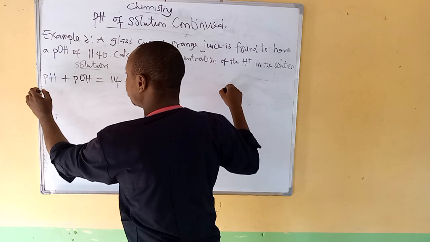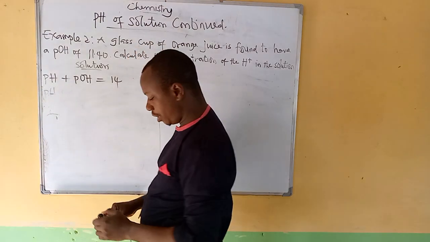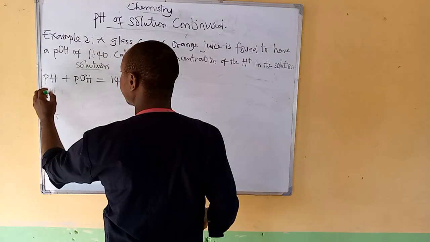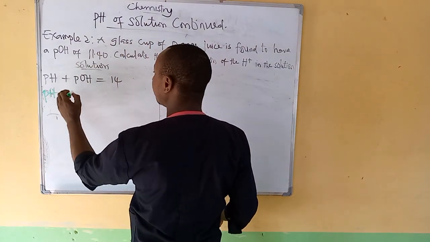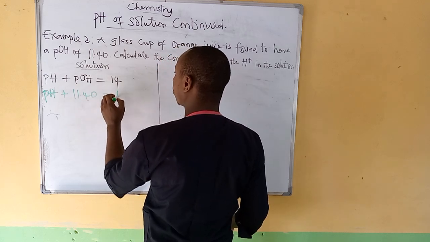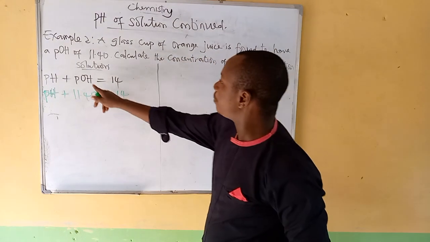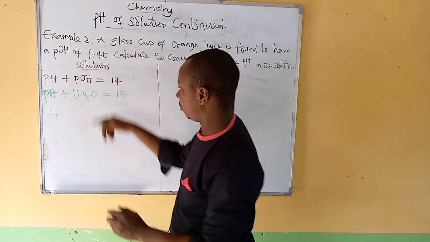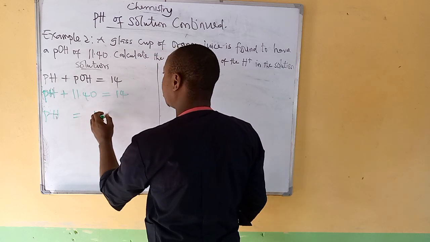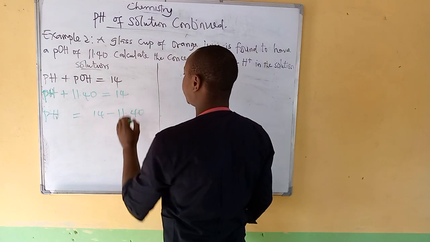Now, let us substitute. pH plus pOH equals 14. Remember, pOH they gave to be 11.4. How do we get pH? pH equals 14 minus 11.4.